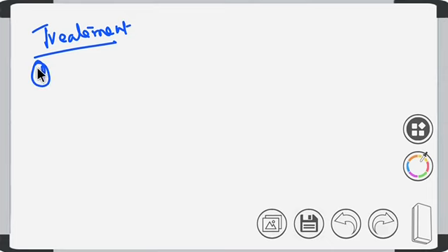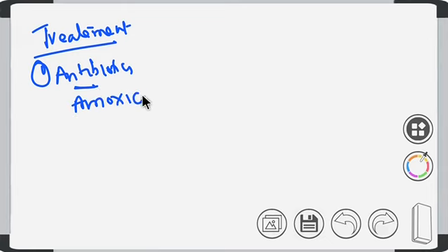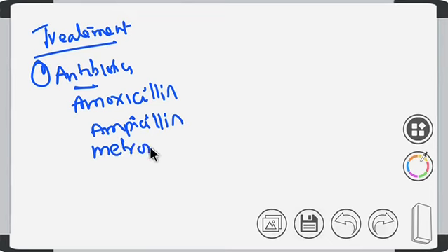First we will hospitalize the patient and give antibiotics, right? What antibiotics can you give? Before cell culture, or before identifying the causative organism, first we'll give drugs like amoxicillin, ampicillin and metronidazole.